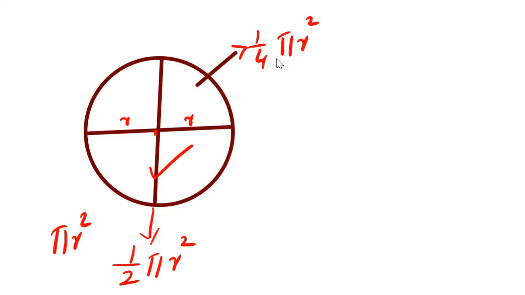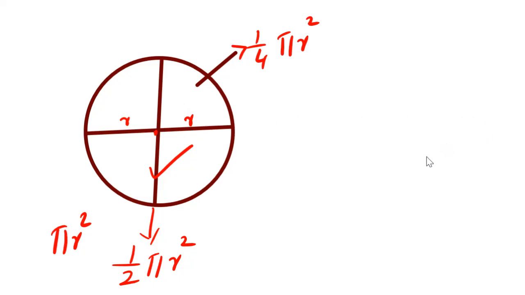No doubt about it. So what is actually happening is the sector size is decreasing by dividing the circle into smaller sectors. If I put one more, again it will reduce. But the pi r square will keep on reducing.